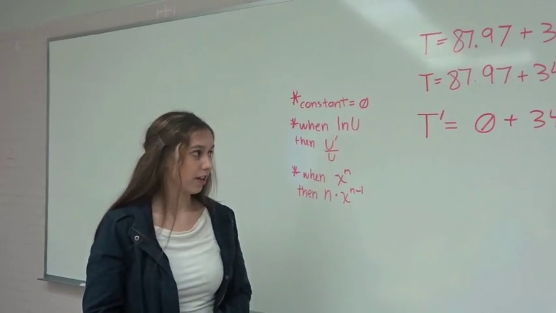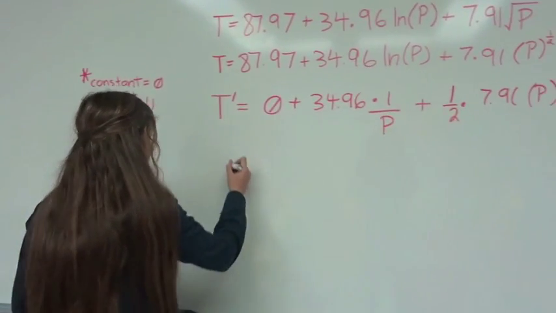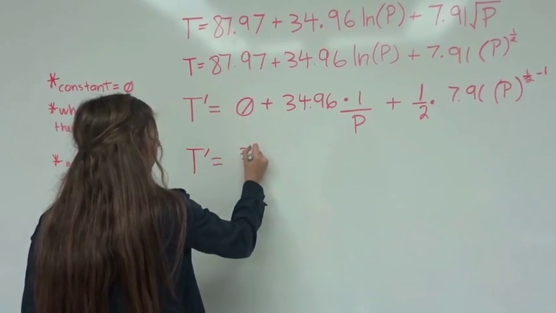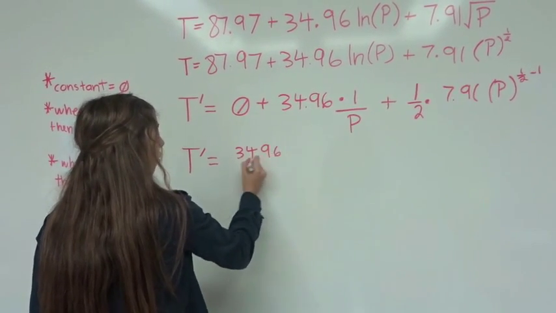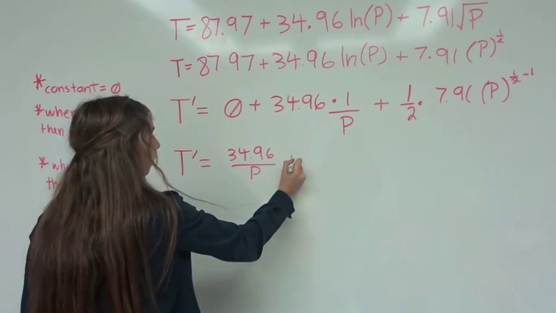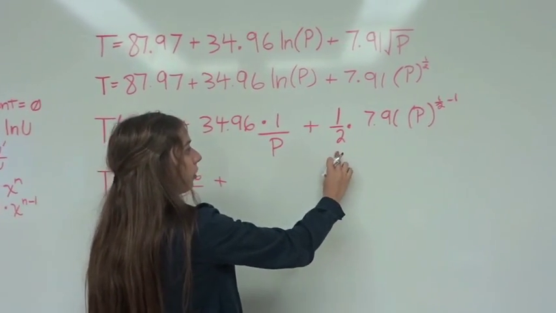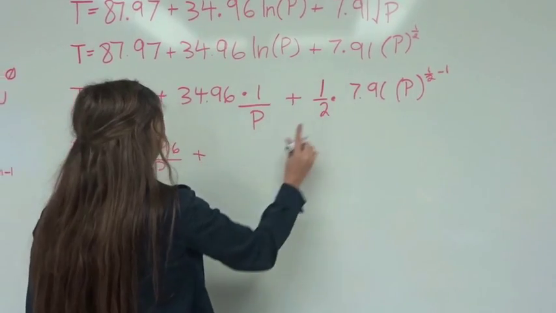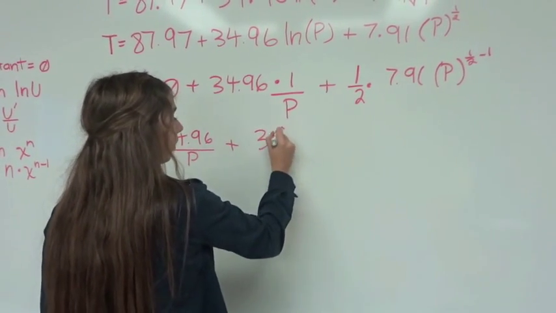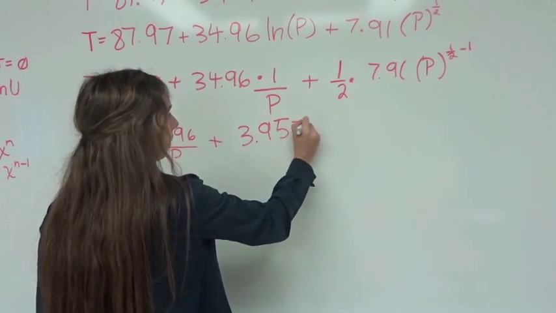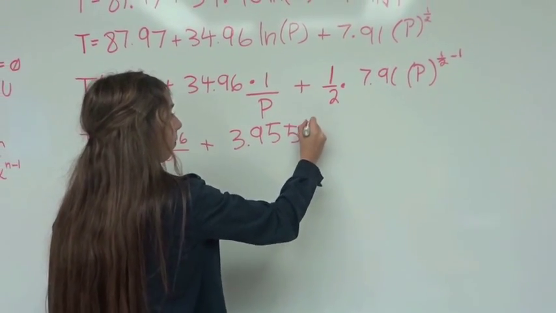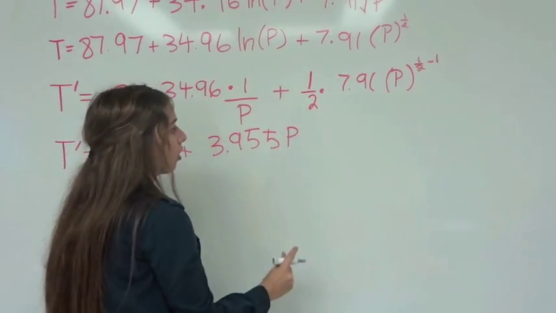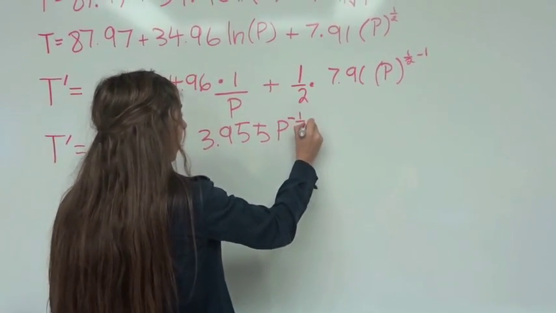Now we're going to simplify the equation. So this will be 34.96 over p plus, and in here we're going to multiply 1/2 times 7.91, which is 3.955, and then p, and here we're going to subtract 1/2 minus 1, so it will be negative 1/2.